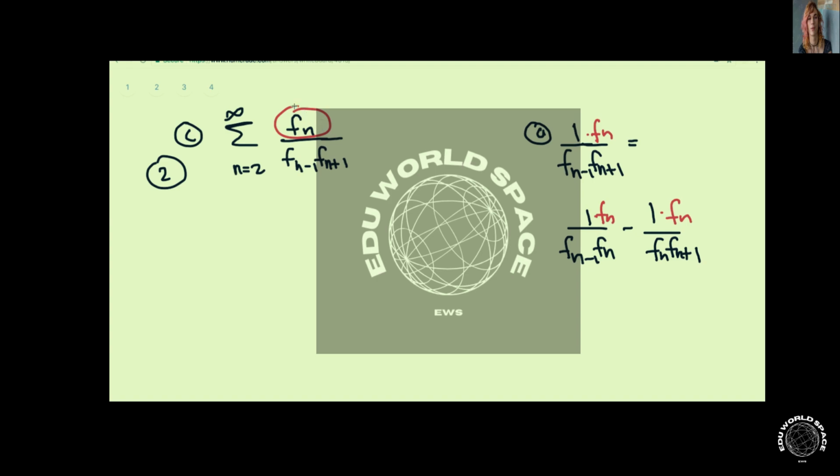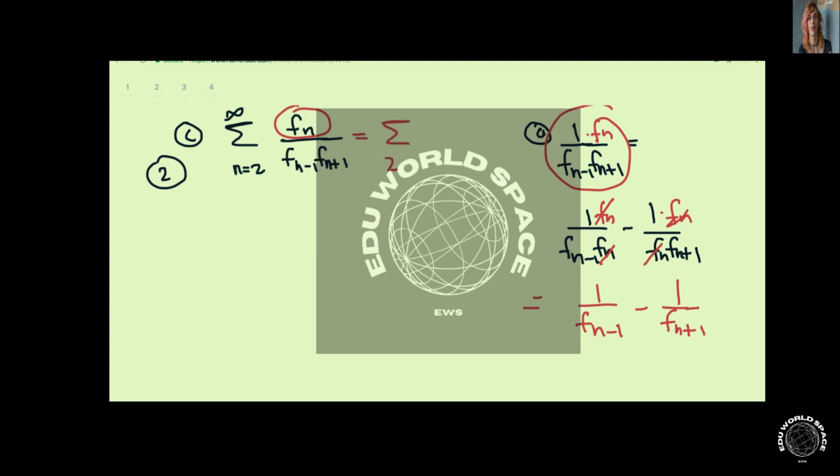So this is what we have on the left. It's the same as the fraction over here on the left. And then after we simplify over here, cancel those Fn's, we have 1 over Fn minus 1 minus 1 over Fn plus 1. And so this is what we can do when we replace the sum here.